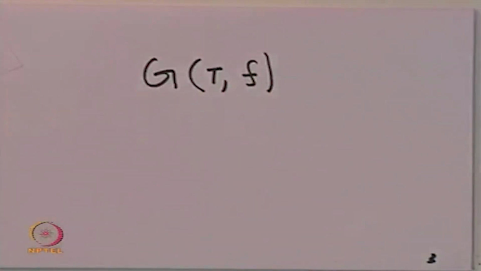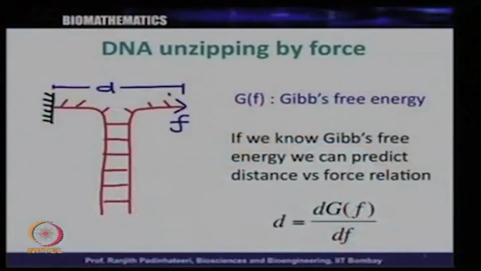You can measure the Gibbs free energy, and the value of the Gibbs free energy depends on what the temperature of the system is and what force you apply. So, in the case of unzipping, applying a force, you fix the temperature to, let us say, 300 Kelvin or 310 Kelvin, whatever you wish. You fix the temperature as a constant, then you vary the force, and then you can get the Gibbs free energy, G of F.